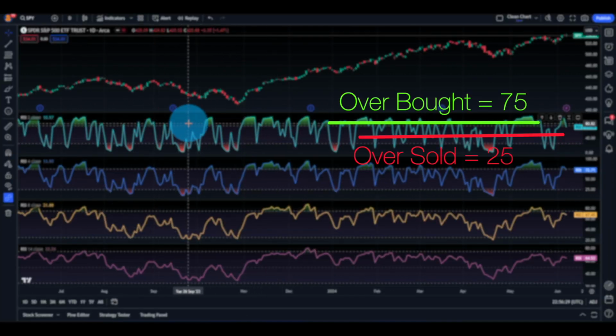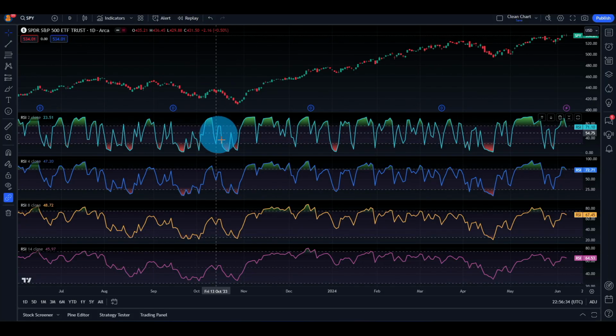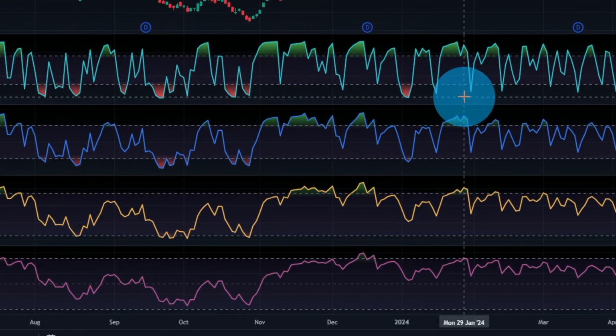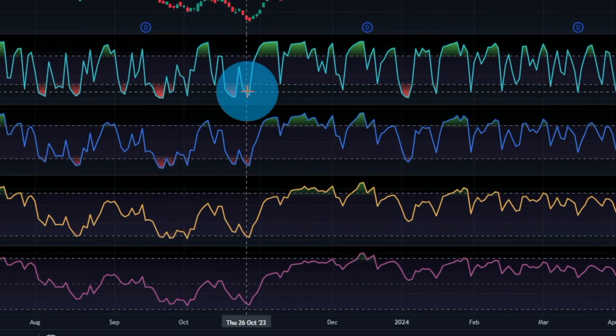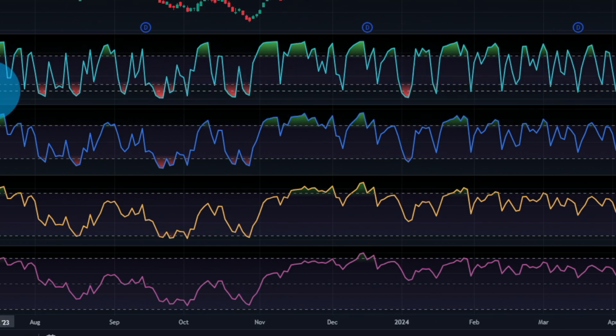Now, the levels I put here are 25 and 75. Mean reversion, meaning we will go long when it's below a level and we will exit when it is above a level. Because with mean reversion, you're going long on a pullback and you're exiting when it is overbought. So clearly you can see from the chart that the RSI 2, which is RSI period 2, shows many signals in the same period of time.